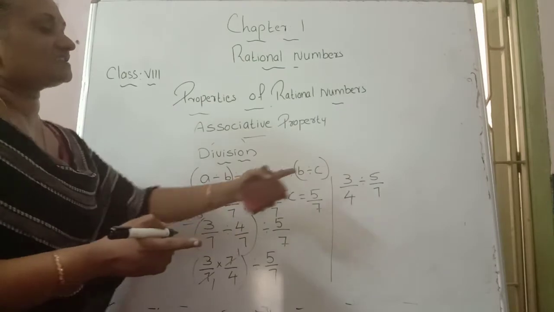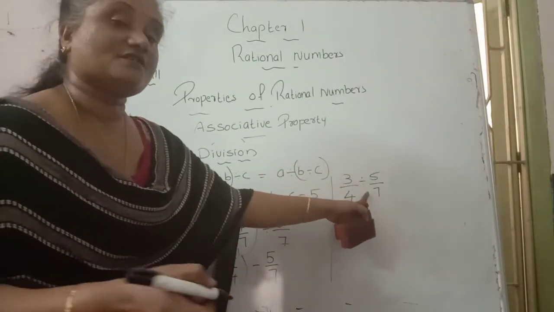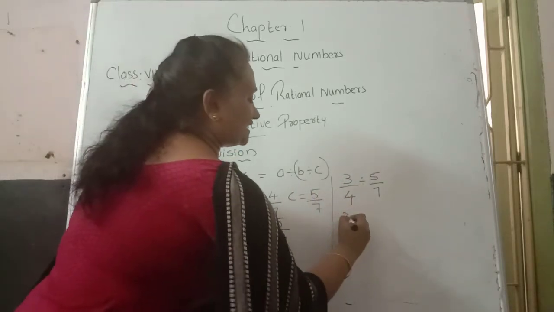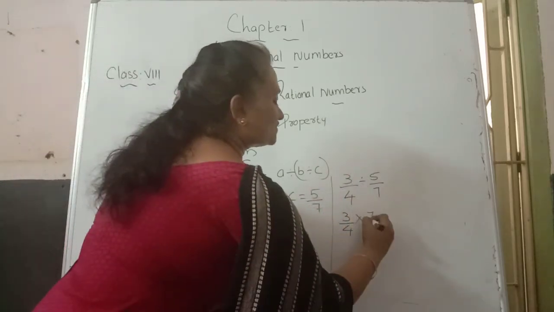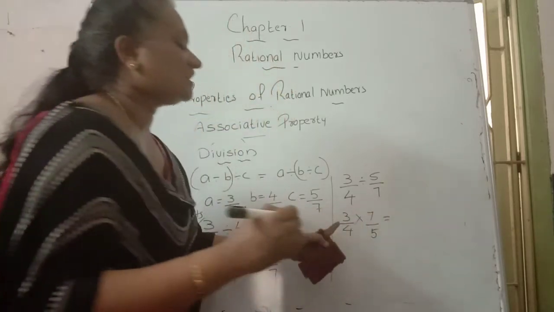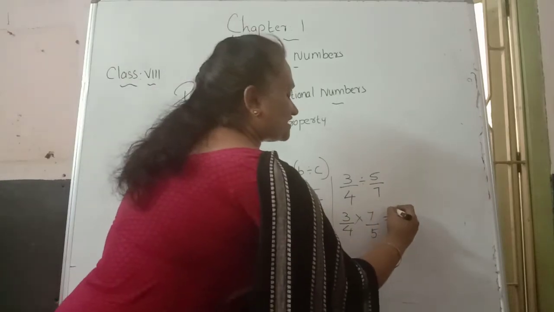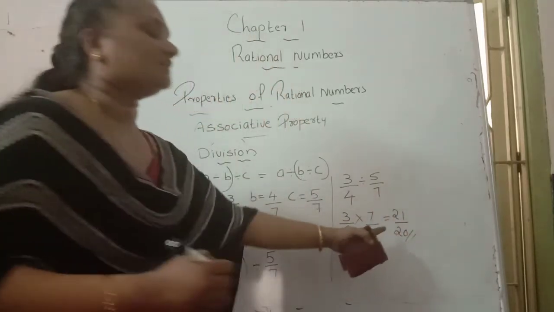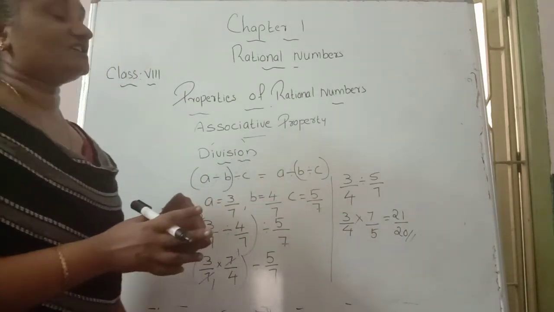Again a division case: take the reciprocal of 5 by 7, which is 7 by 5, and multiply. Cancellation is not possible, so we multiply numerator into numerator: 3 sevens are 21, and 4 fives are 20. We got the answer 21 by 20.